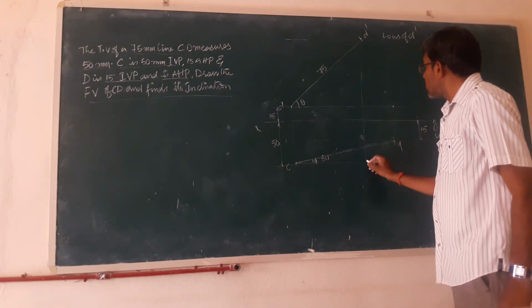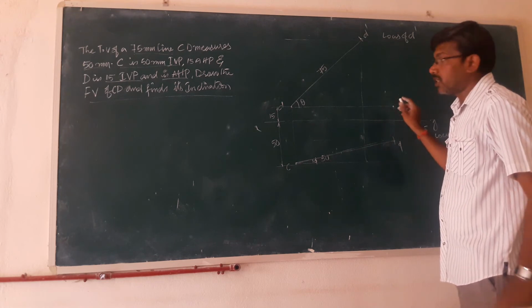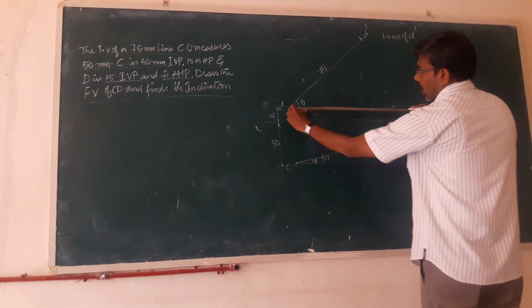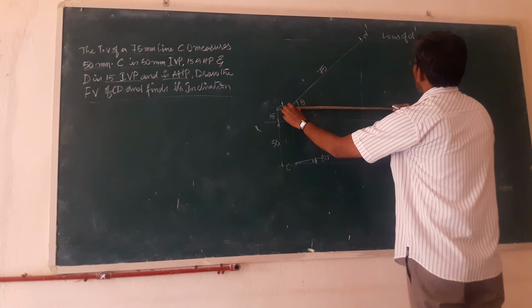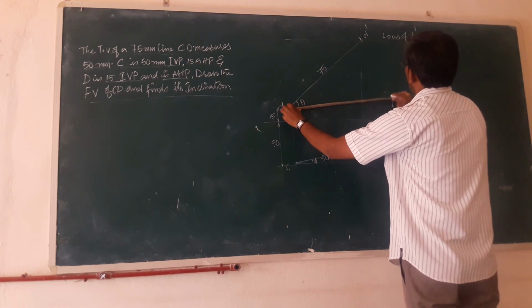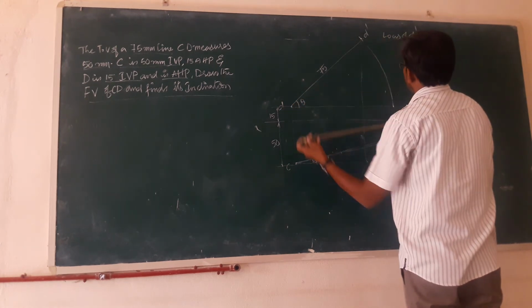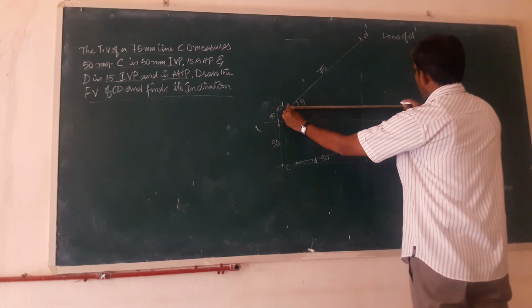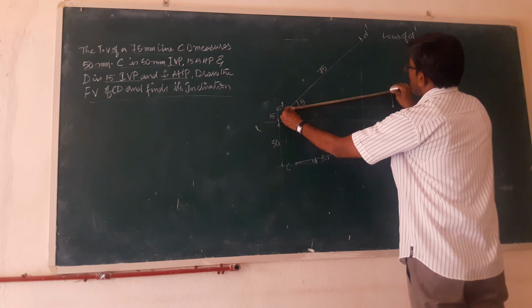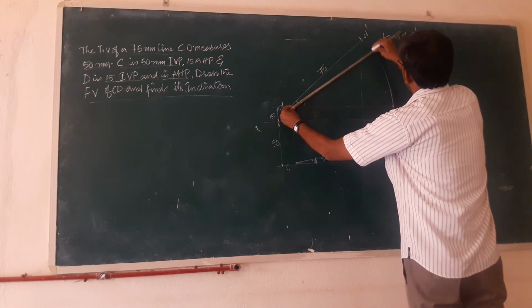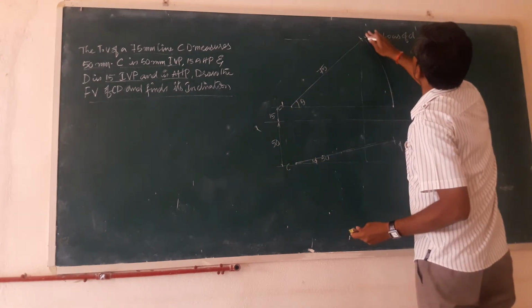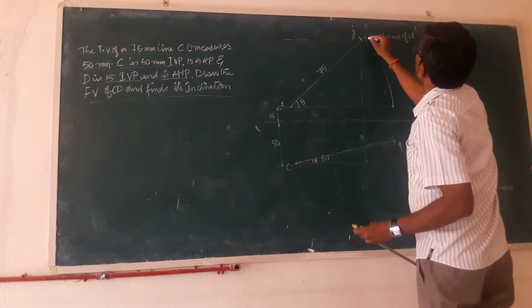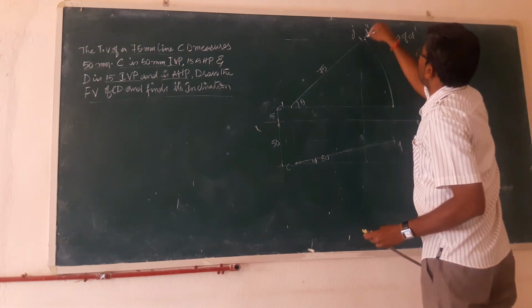After coming, this is the shorter distance and this is the shorter distance. Simply what I do is, I'll take this length and I'll try to rotate. Okay. I'll rotate this one to the point. Now I will locate D dash here and I locate this one D1 dash.